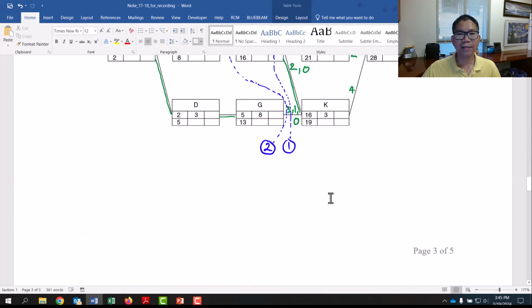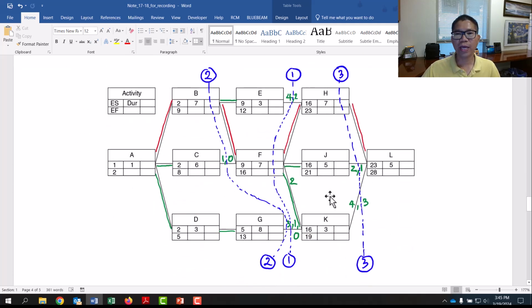So with that, what are the options we have after 3? First, like I say, cut through L, 350. Reduce L, right? $350 per day. Let's see any other options. Because the link between F and K has 2, because F was already reduced today, that link is not critical anymore.